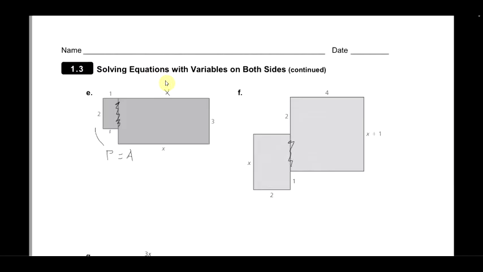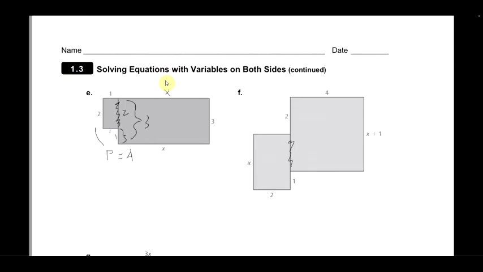Now, this length of our scribbled line would be 2, just like we wrote down, but the length of the whole thing is 3. So what would that make this little tiny part here? Well, that would just be 1 as well. 3 minus 2, and our leftover is 1.